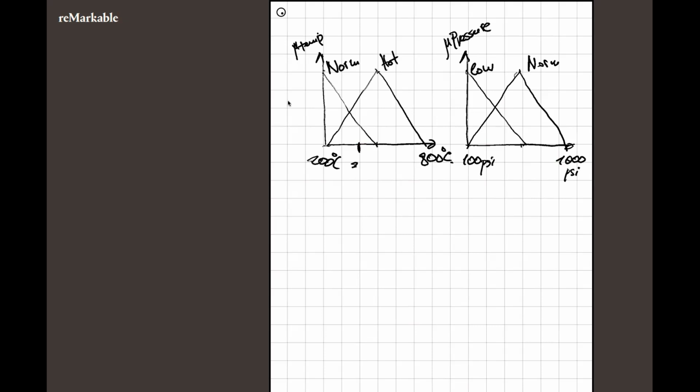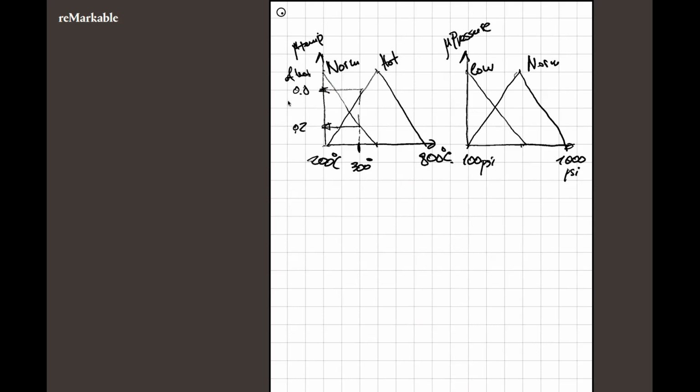So now we put it in motion, and we measure some crisp values in this range. So, for example, 300 degrees. So our sensor reports. Fuzzification means that we consult the fuzzy sets and figure out what is the outcome. So it can hit, for example, 0.2 of normal and 0.8 of hot.